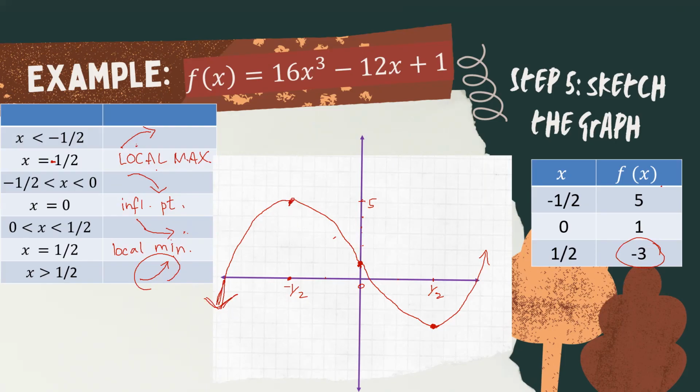Tapos again, ito naman yung local maximum value. 5 is the local maximum value of the function. Local lang siya kasi because of this behavior of the function, may mas tataas pa sa kanya kay 5. Okay, so that's how we get our answers.